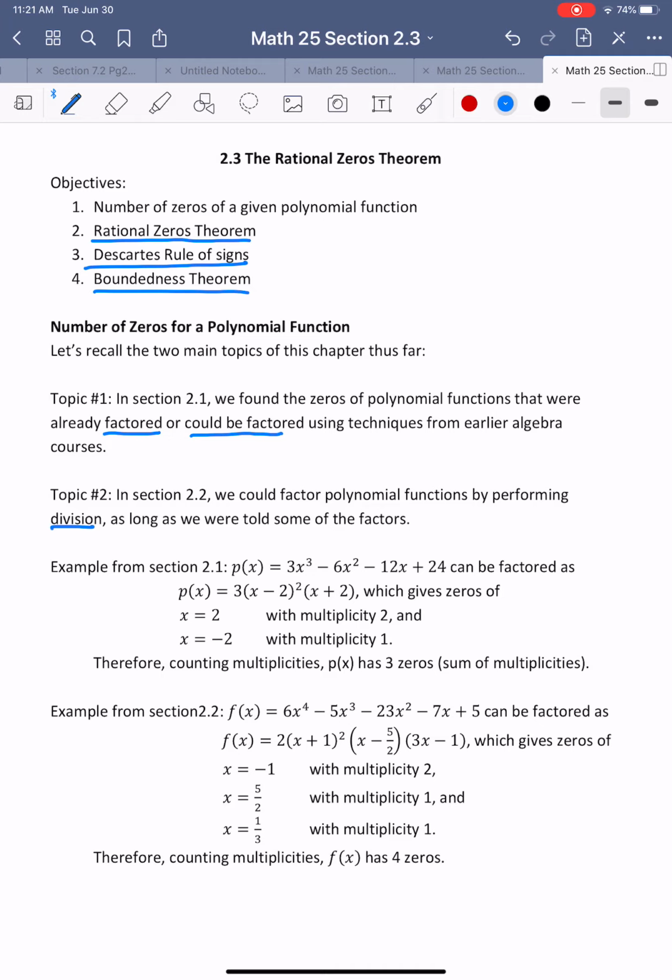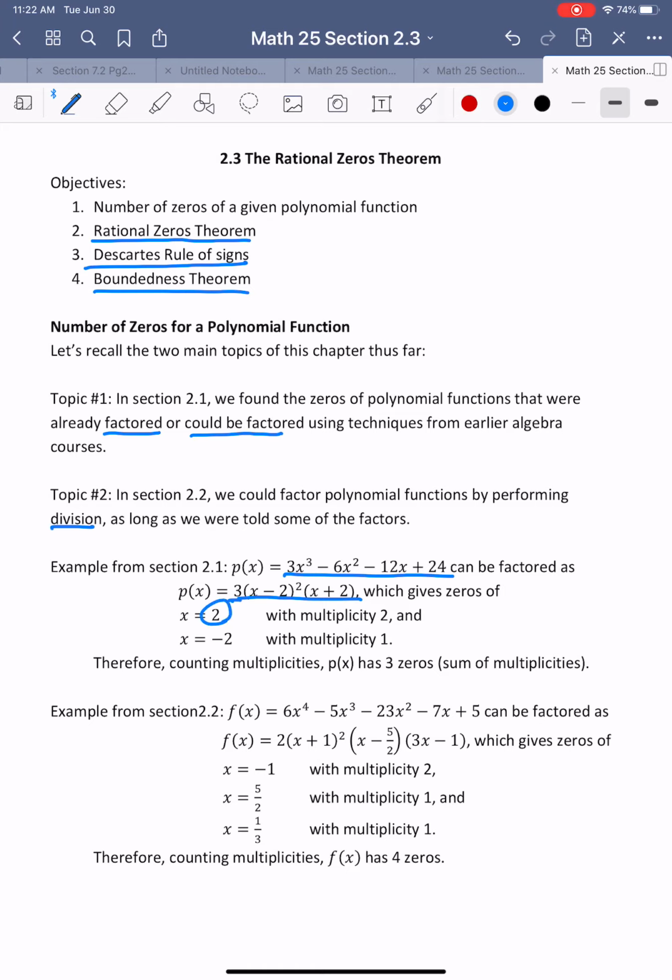So an example from 2.1: p of x was 3x cubed minus 6x squared minus 12x plus 24 can be factored as 3 times, so 3 is a GCF. Pull it out, and then if you factor by grouping, you will get this, which means we get the zeros.